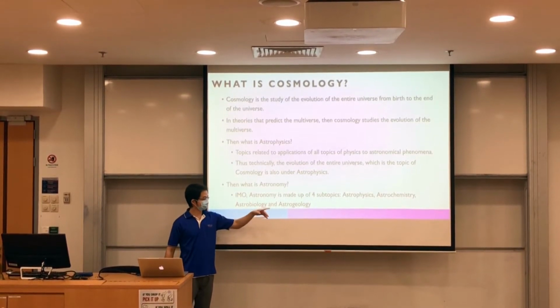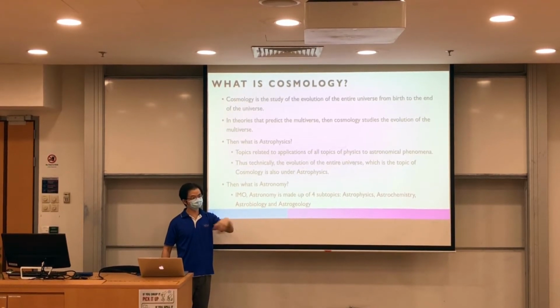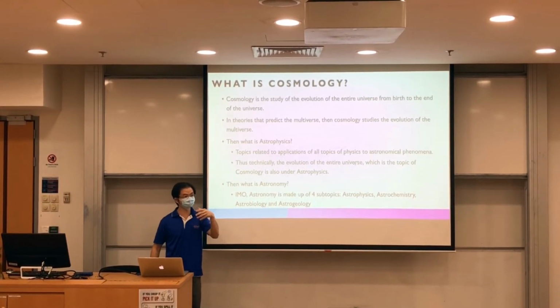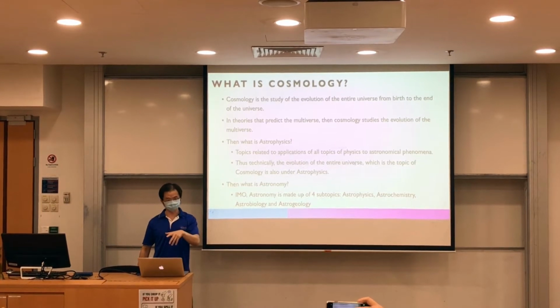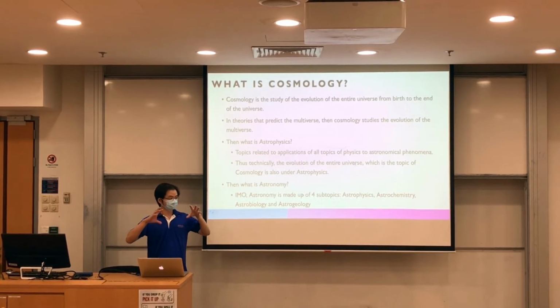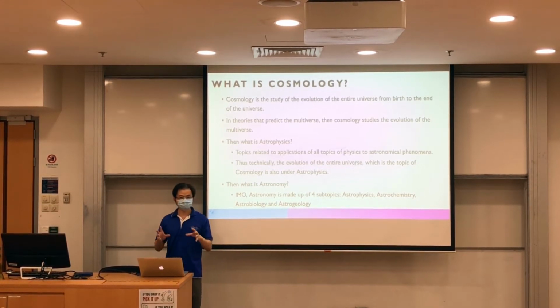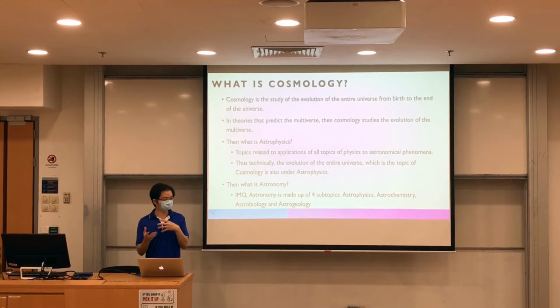So when you think of astrochemistry, there will be the application of chemistry to astronomical phenomena. There's a lot, okay? Because in the gas molecules, in the gas cloud, those dark nebula and stuff, there's actually chemical processes going on.